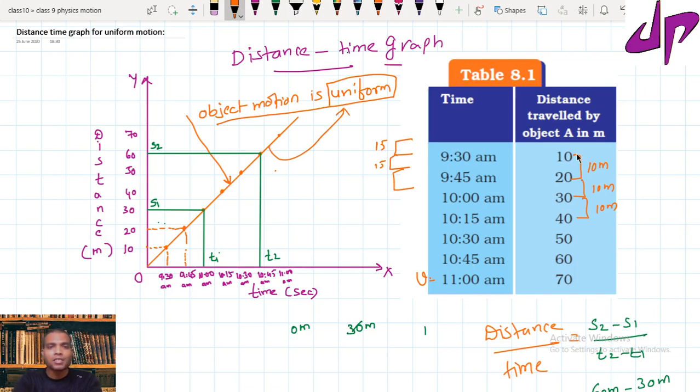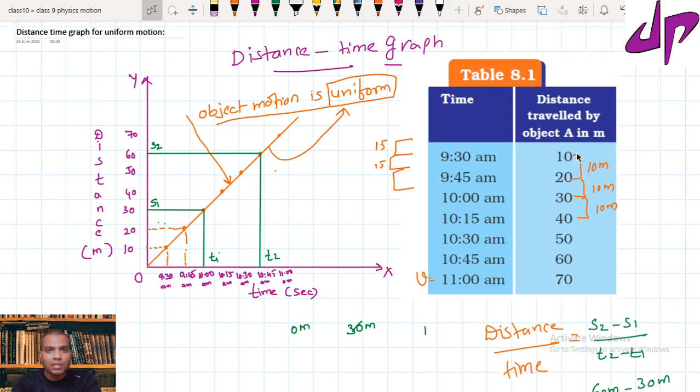If you draw a distance time graph and the graph is a straight line, that tells us the object is moving with uniform speed. From this graph, we calculated the velocity by using the details in this graph.